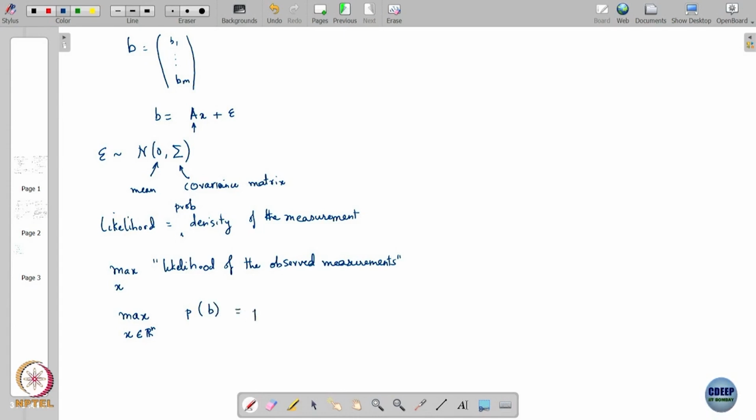This is the probability density of the measurement random variable evaluated at the observed measurements.